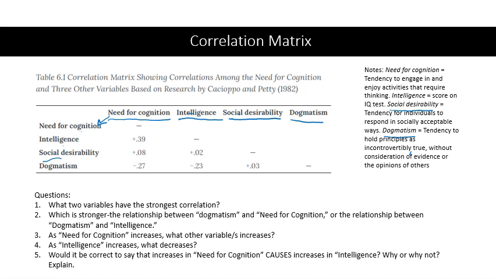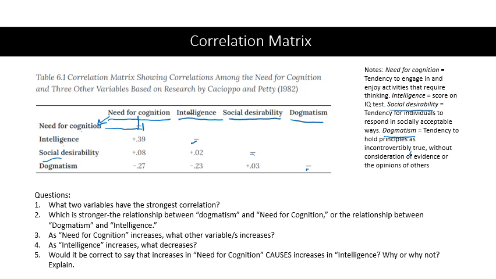You'll also notice that a lot of the cells are empty and there are dashes going down the middle. The dashes correspond with each variable's correlation with itself. And because this is the exact same score, these will always be 1. Need for cognition just has 1 score.